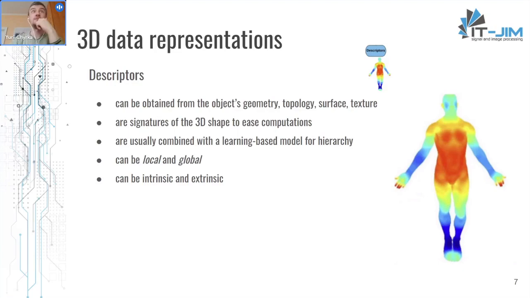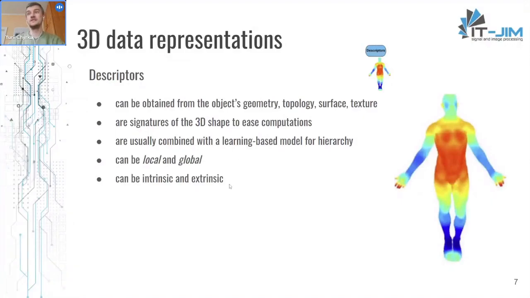As well, they can be local and global. Local for calculation over some limited part of space, some limited part of the object, and global for description of the entire scene or entire three-dimensional object. And as well, they can be intrinsic and extrinsic.